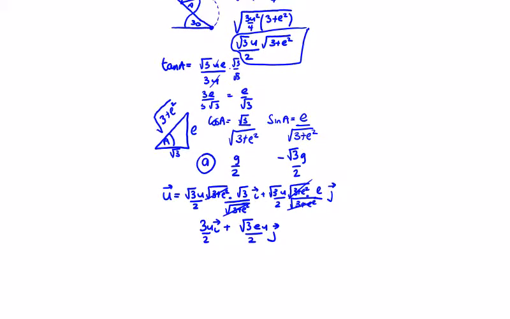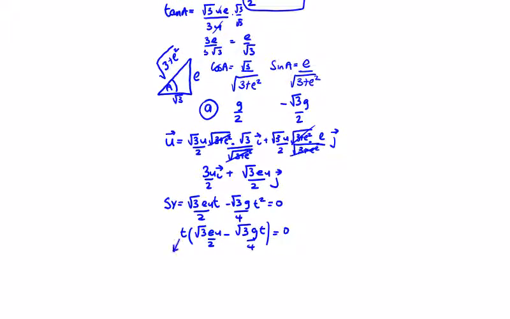So if we find s of y now, it's going to be equal to root 3 eu over 2 times t plus a half at squared, which is going to be minus root 3g over 2, and the half will bring it up to a 4, by t squared. When is this equal to 0? Factor out my t to get root 3 eu over 2 minus root 3 gt over 4.